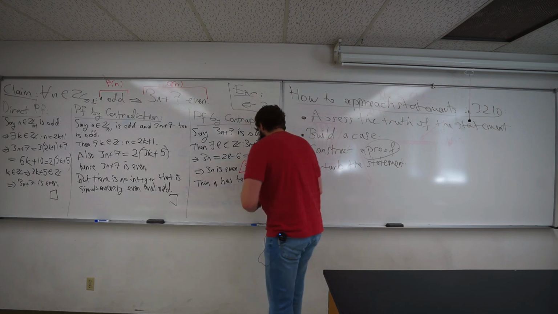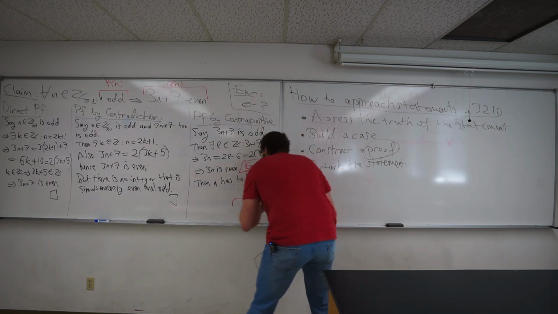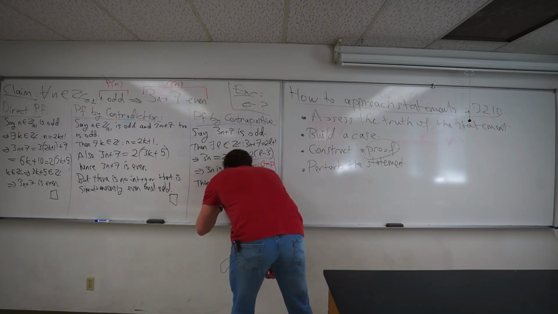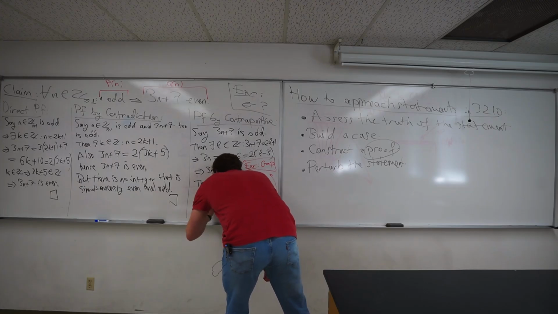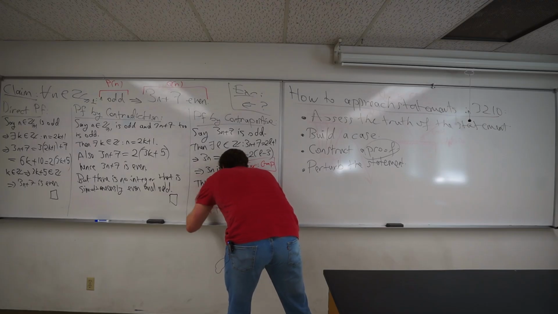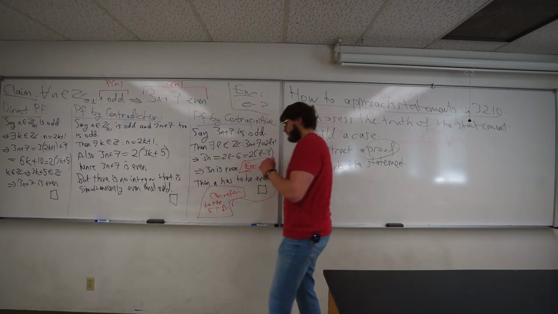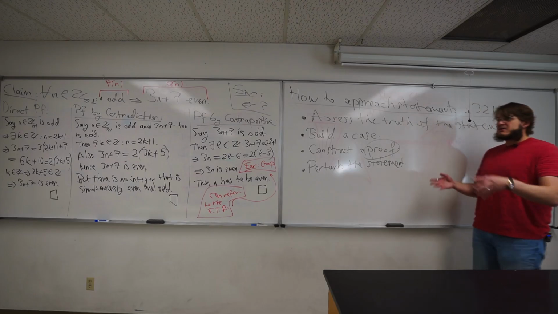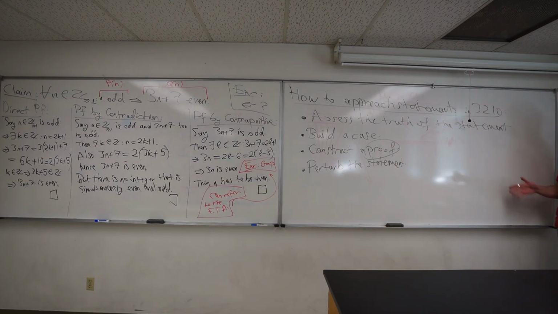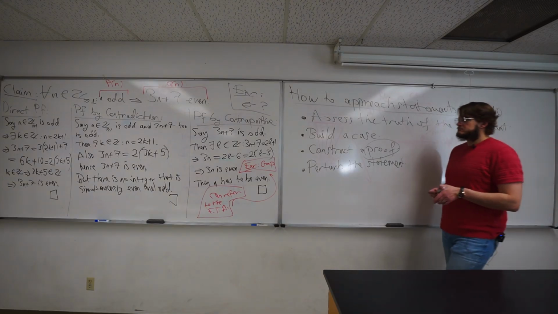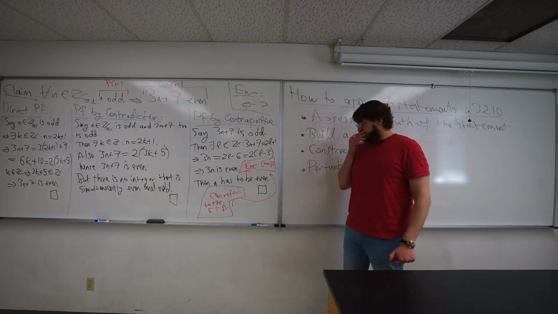Another way to do this is to refer to the fundamental theorem of arithmetic. Any integer can be written as a product of prime numbers, all that stuff. You can do that too.